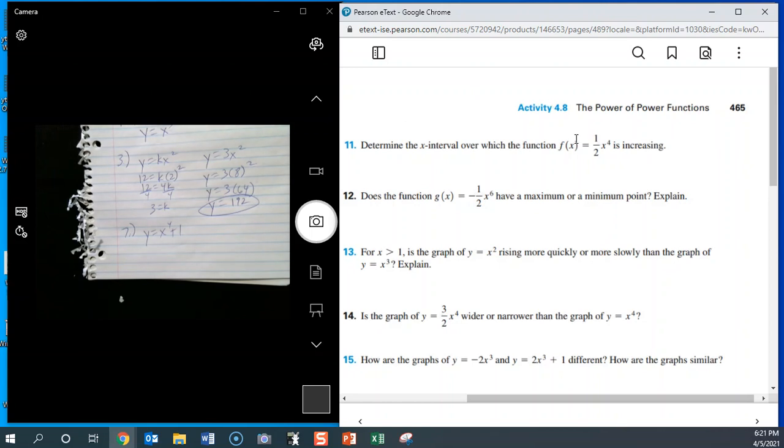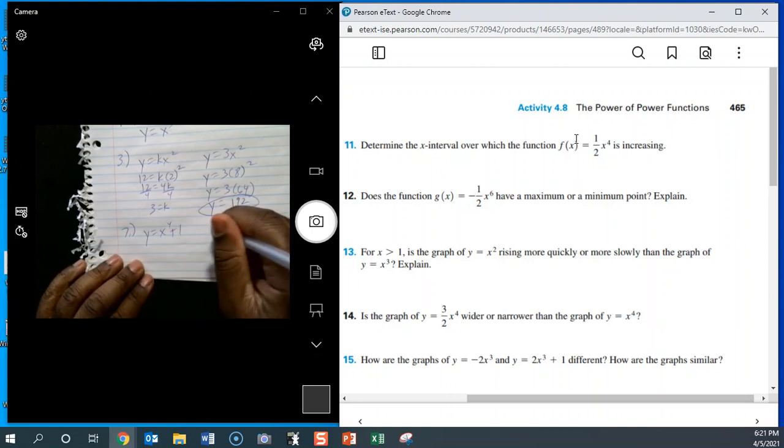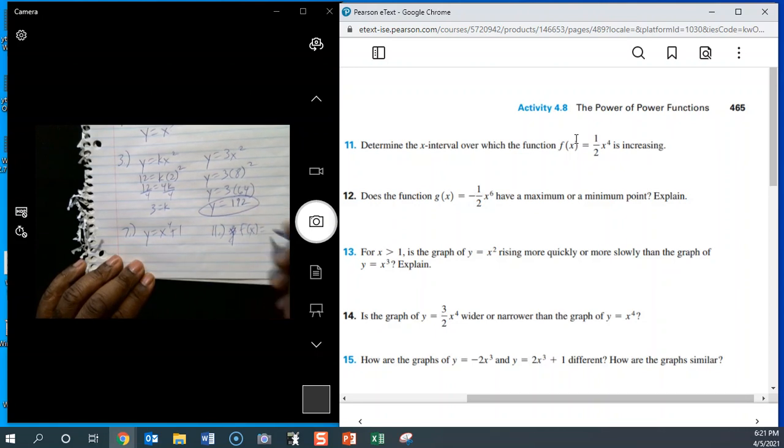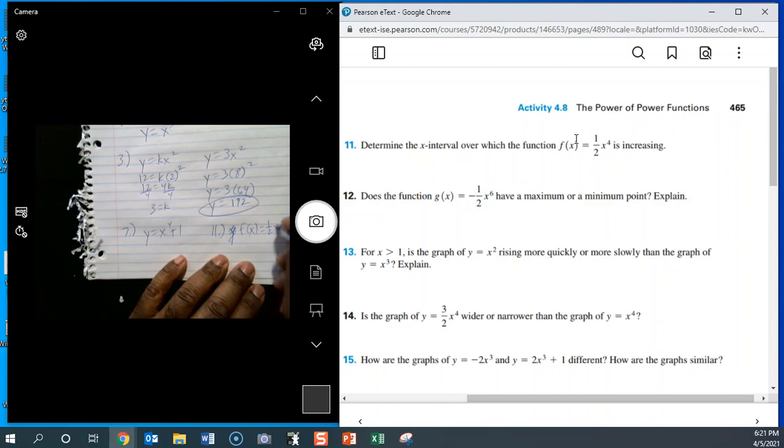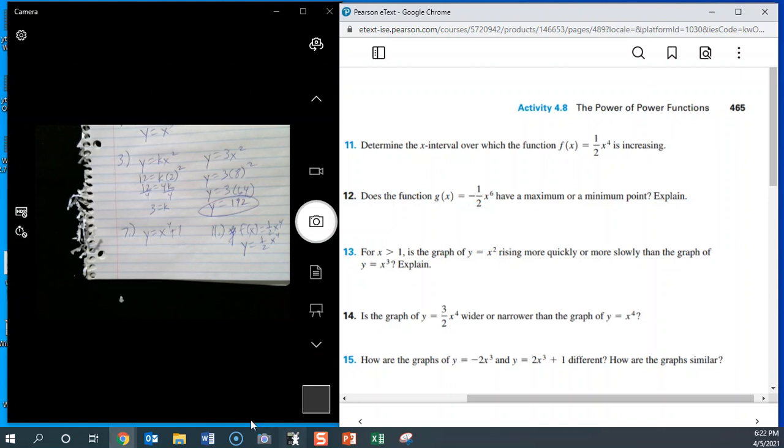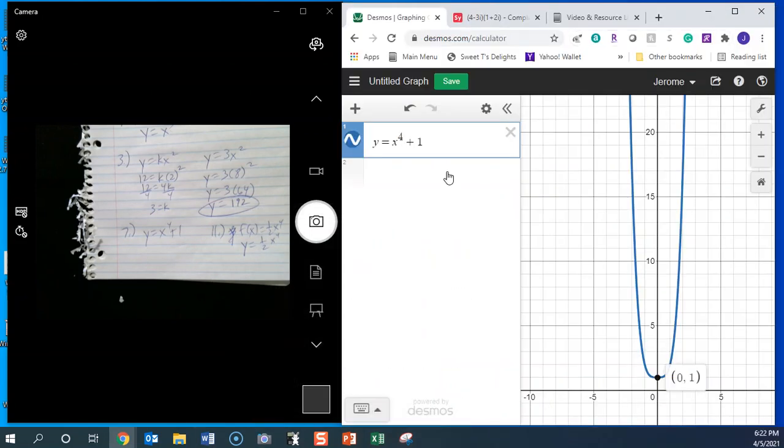So we could say y is equal to, I'm just going to write that here. Well, we know f of x is equal to 1/2 x to the fourth. But just to make it easy in your calculator, you could type in y is equal to 1/2 x to the fourth. So let's go here to your calculator.